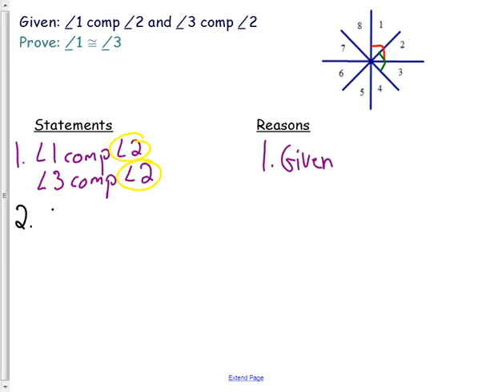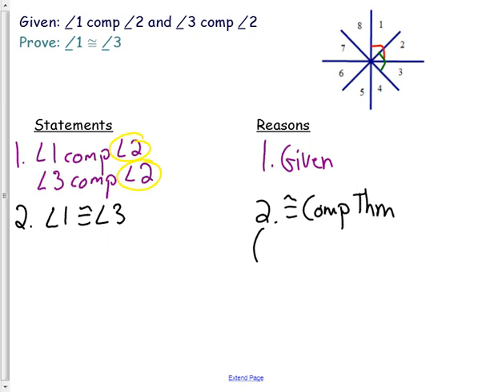So we will say angle 1 is congruent to angle 3. And that is the congruent complement theorem. Or if you don't want to remember what that is, we will say angles complementary to the same angle are congruent. And that's it. This is that proof.